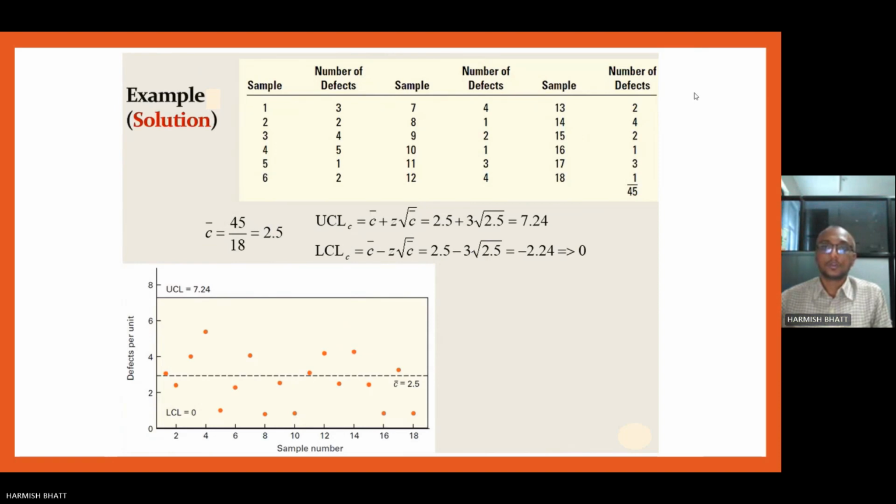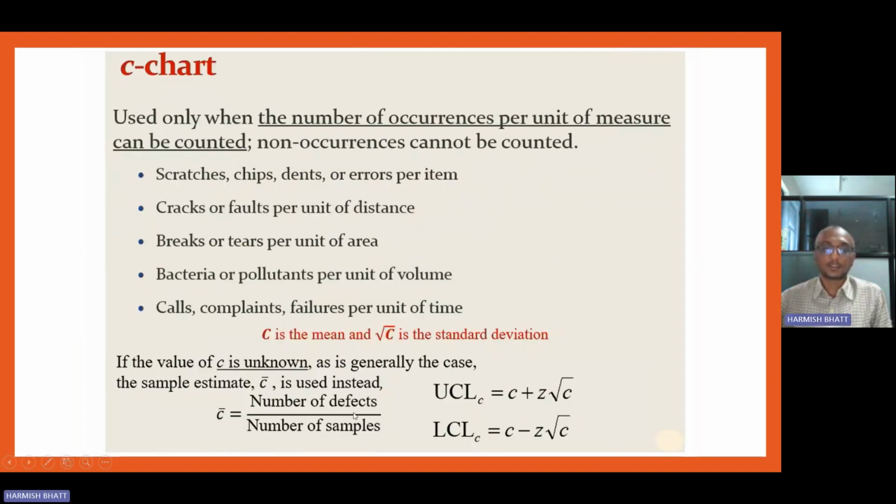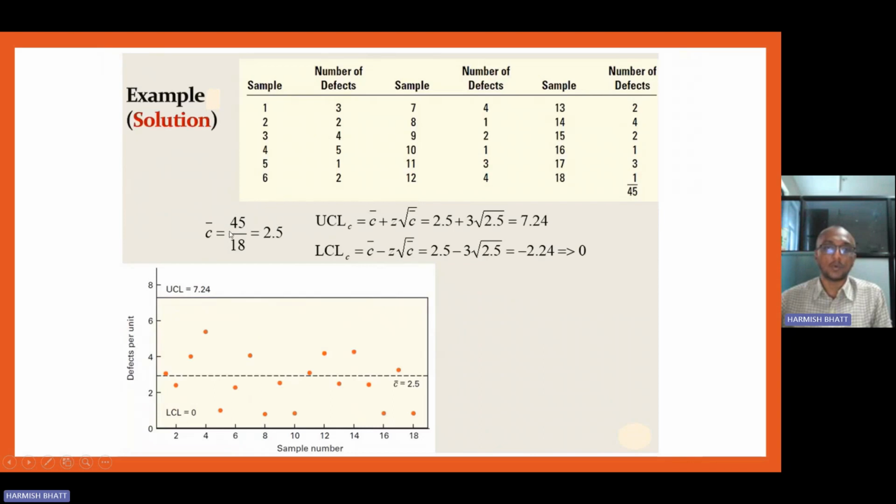Now let us find the C bar, the upper control limit and the lower control limit. The equation of C bar is the number of defects divided by the number of samples. The total number of defects is 45 and the total number of samples is 18. So C bar is 45 divided by 18, which is equal to 2.5.